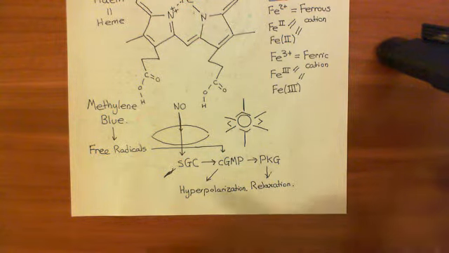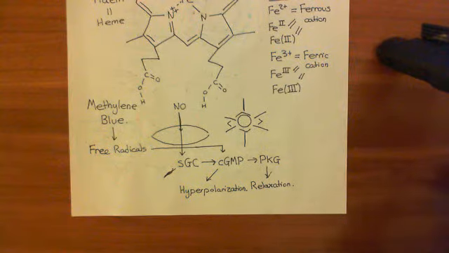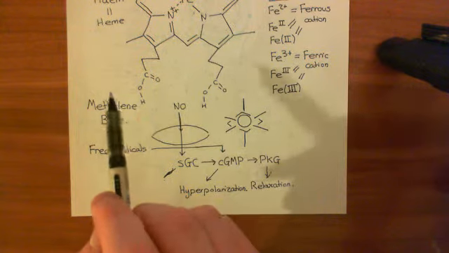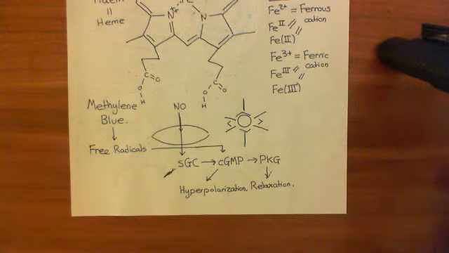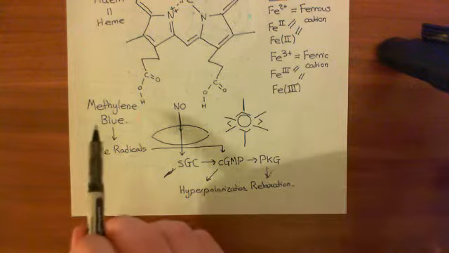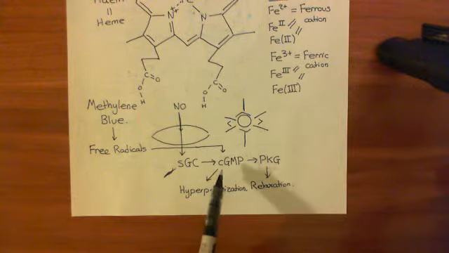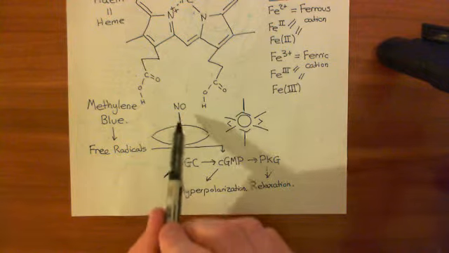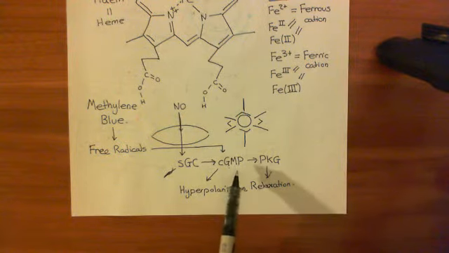So it stops soluble guanylate cyclase actually producing cyclic GMP. It's what we might call a cyclic GMP reducer. It reduces the levels of cyclic GMP. So if we put this drug in, it's going to stop the production of cyclic GMP, which is, we think, the main way that nitric oxide acts on smooth muscle cells.